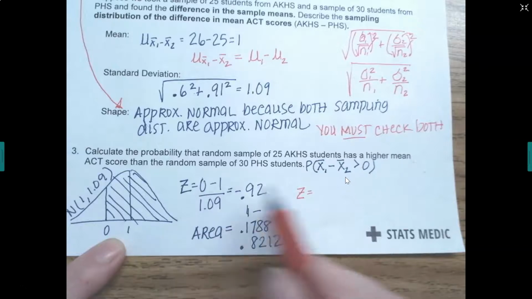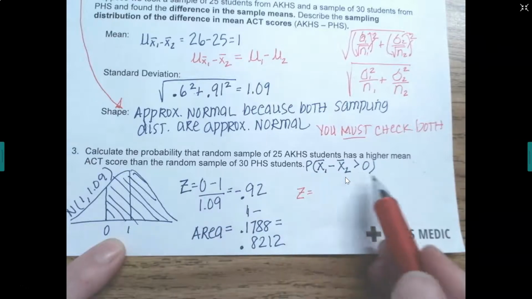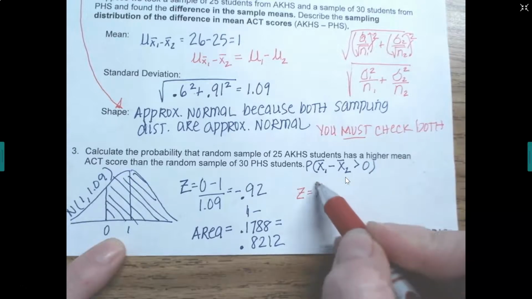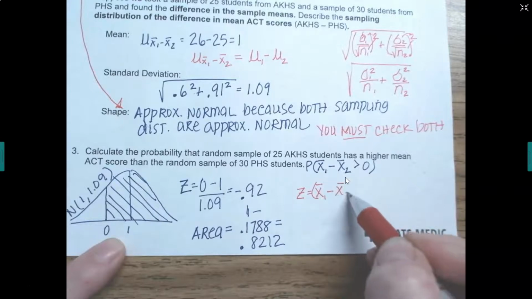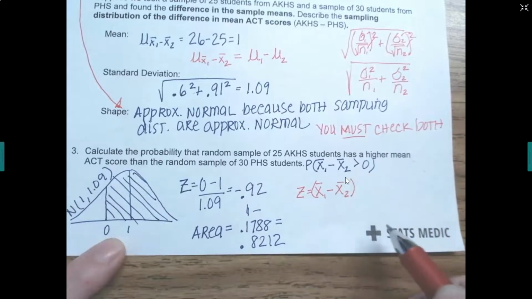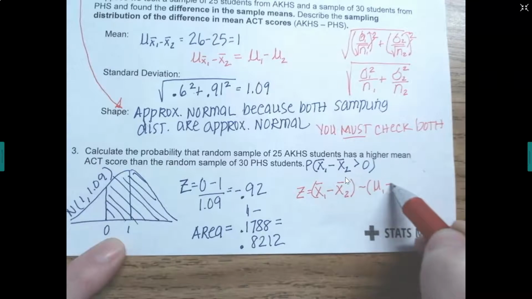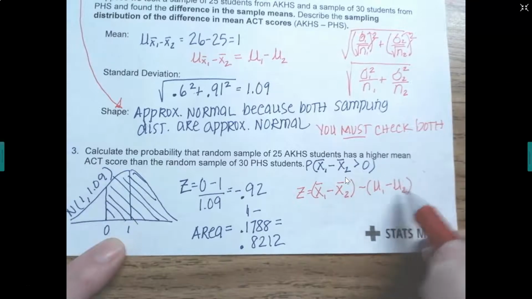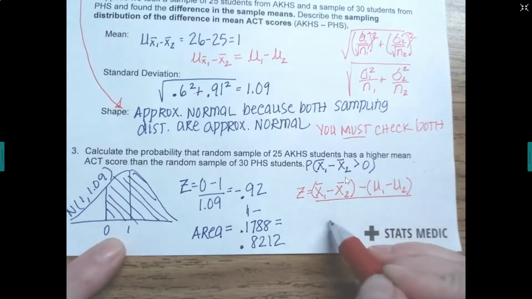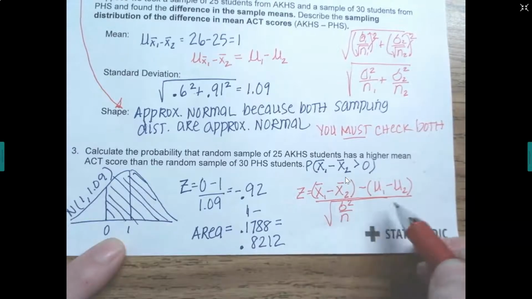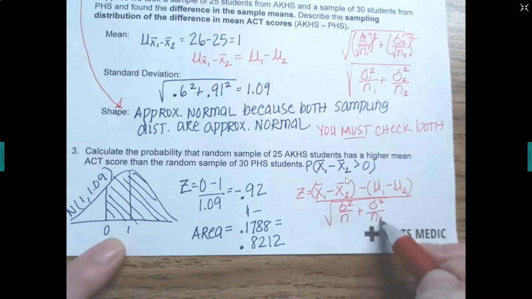That 0 came from this right here, but we're saying x bar 1 minus x bar 2. That's where that number came from. Minus the 1 came from when we took our parameters and subtracted them. And the standard deviation is the variance divided by the sample size plus the variance divided by the sample size.